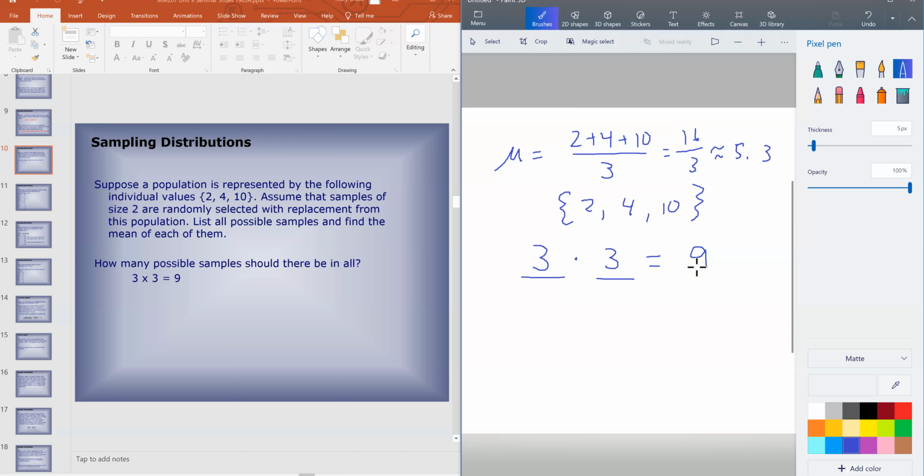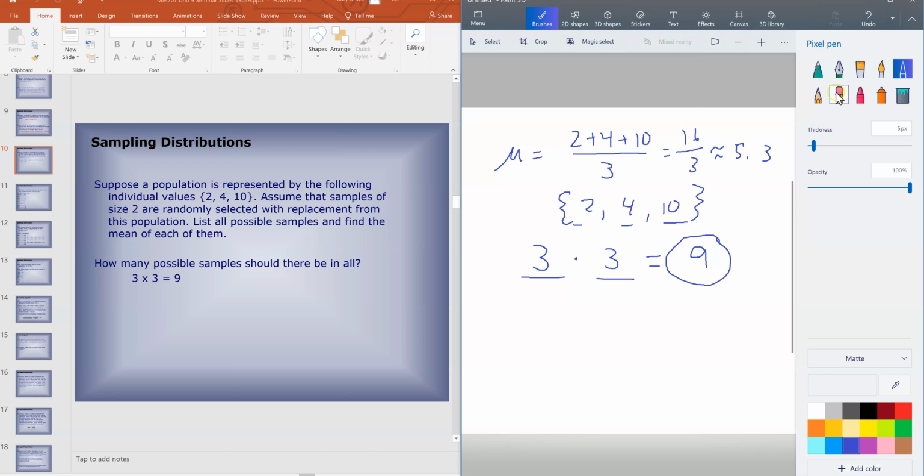That will be important because at the beginning of this question, they're going to get you to pick a multiple choice as to which choice is showing all the possible samples and sample means. Well, you want to make sure you pick the one that's got 9 total possible samples. We're then going to list all of them, and then we will calculate the sample mean. So the first thing to realize is out of a population of 3 values and you're picking any 2, you've got 9 total possible samples.